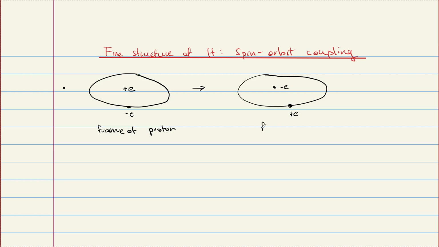A proton circling around is like a current loop, and a current loop is going to give a magnetic field. This magnetic field is going to couple to spin, and that's why we call it spin orbit coupling. The orbital motion of the electron causes it to experience a magnetic field from the proton, and it couples through its spin.